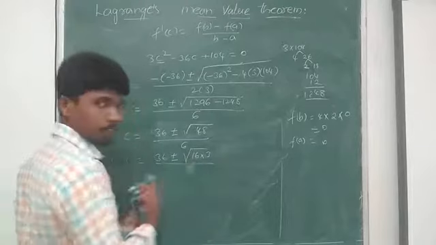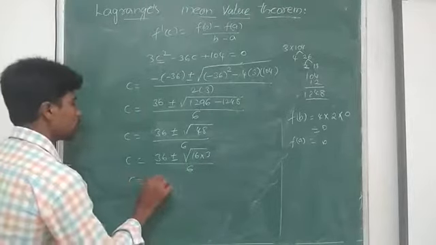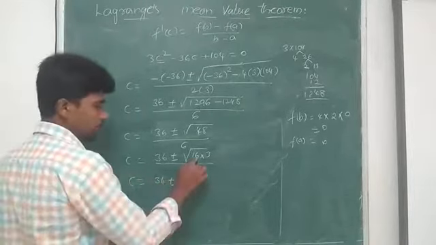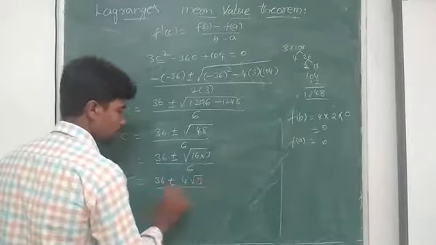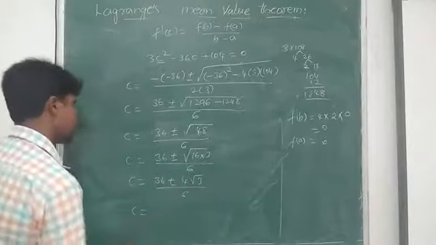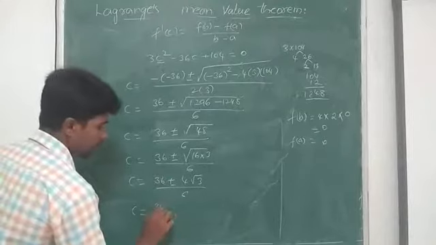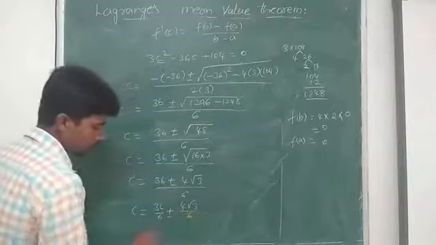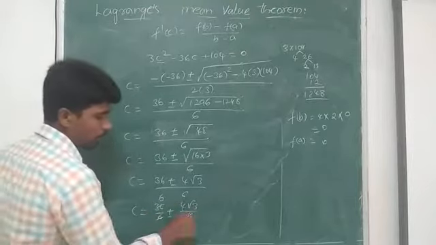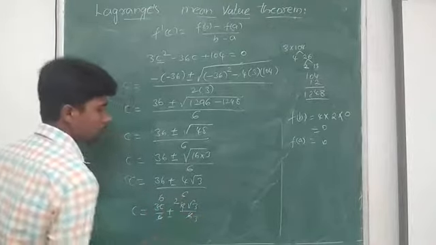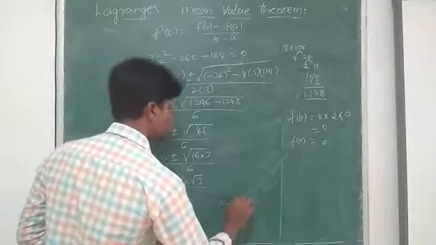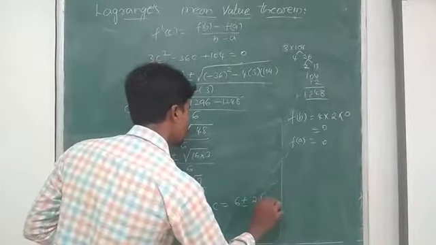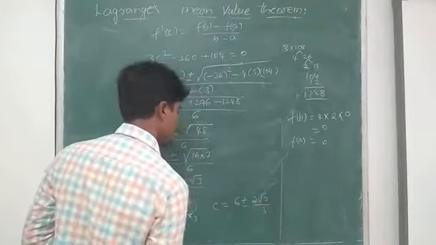So root 16 you get 4. So C is equal to 36 plus or minus 4 root 3 by 6. So C is equal to 36 by 6 plus or minus 4 root 3 by 6. 6 1s are 6, 6 6s are 36, and 2 3s we can cancel 2 by 3. So I get C as 6 plus or minus 2 root 3 by 3.